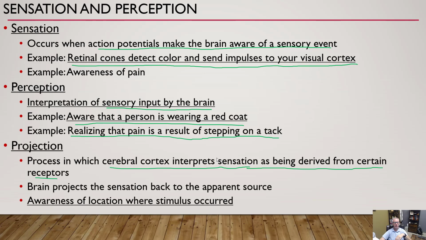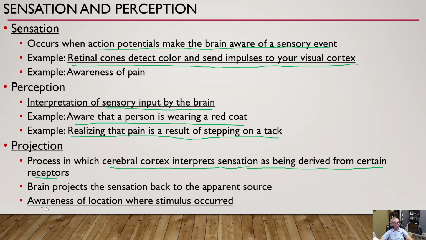And then projection is where your cerebral cortex interprets that sensation. So sensation, something's going on in your periphery. Perception, that person's wearing a red coat. Now projection is, you can say that person's wearing a red coat. They just walked out the door and they're 30 feet away.